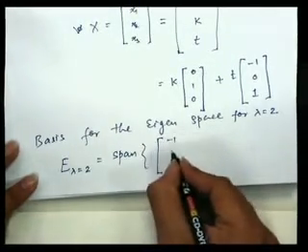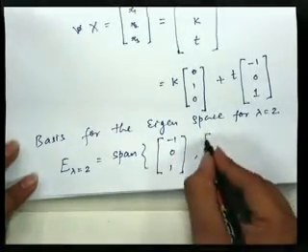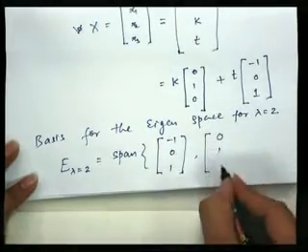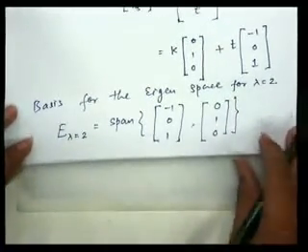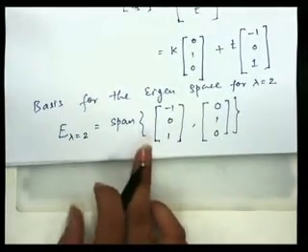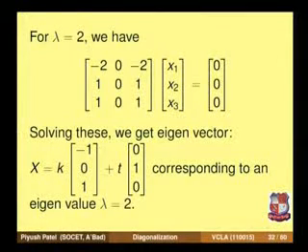One is minus 1 0 1 and the other one is 0 1 0. So this is the eigenspace for the eigenvalue lambda is equal to 2, in which we have two linearly independent eigenvectors. One is minus 1 0 1 and the other one is 0 1 0. So x is an eigenvector in this eigenspace.